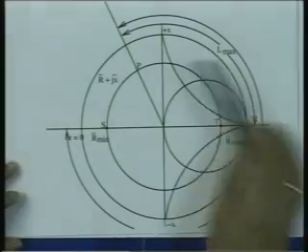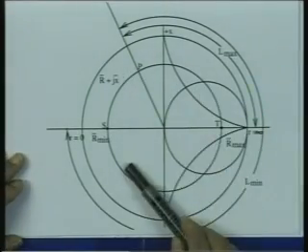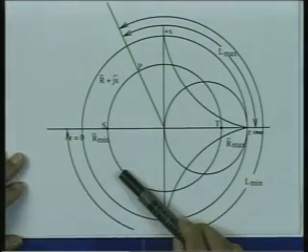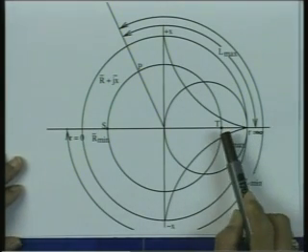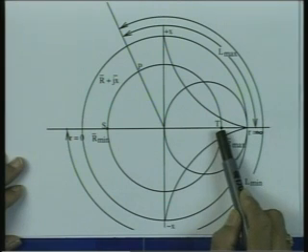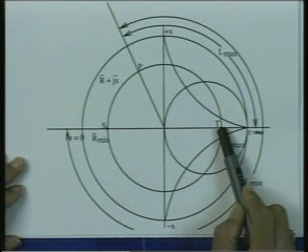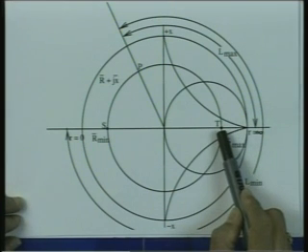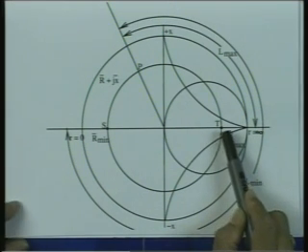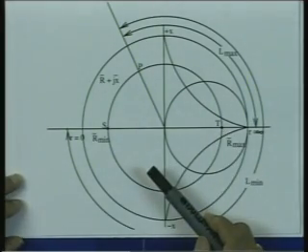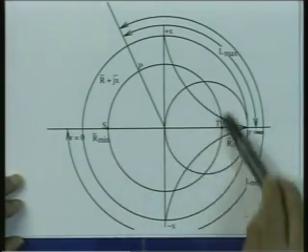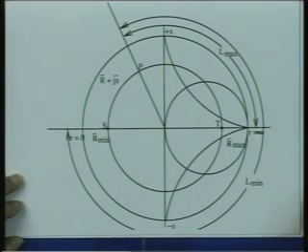Once I get this, then as we move towards the generator, I move on the constant VSWR circle. If I reach this point, which is the rightmost point T on the constant VSWR circle, then the impedance here will be real and its value will be the VSWR. So, the normalized impedance, which is the resistive value, is equal to the VSWR on this transmission line. So, if I know the VSWR from here, then the impedance seen at this point is known.